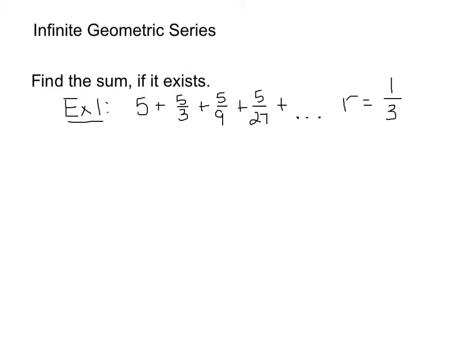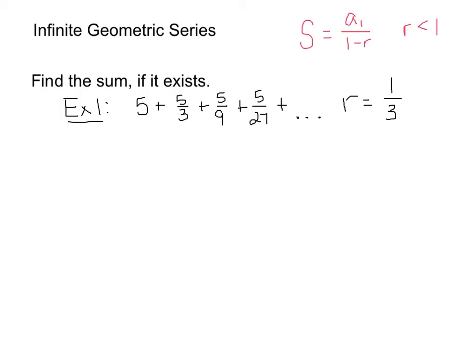Now our summation formula for infinite geometric series is S equals a sub 1 over 1 minus r, and remember, this is when the absolute value of r is less than 1. If it's less than 1, then the series converges, and so we can find the sum.